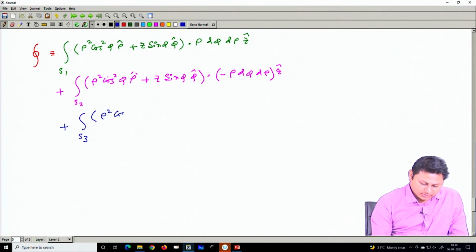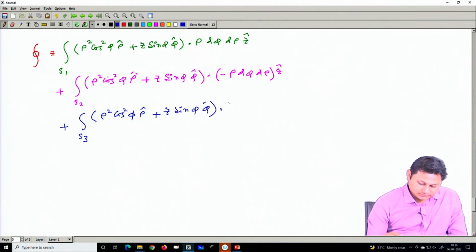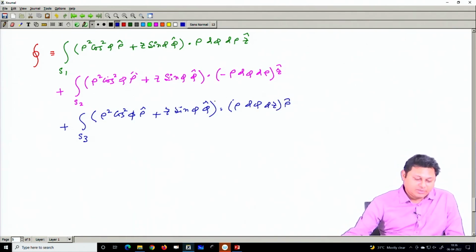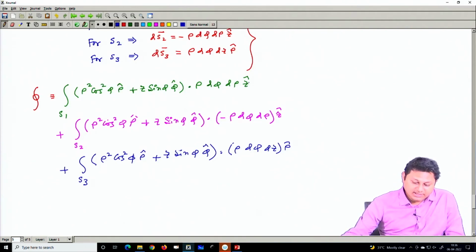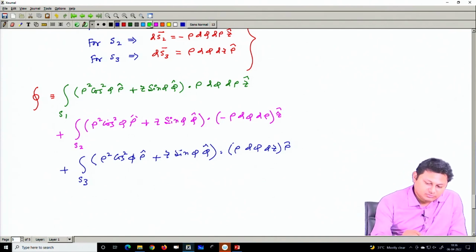rho square cos square phi rho unit vector plus z sin phi phi unit vector dot rho d phi dz rho unit vector. Now, it looks very clumsy and very big, but you can see that here z unit vector should be dotted with rho and phi, so those elements will be 0.